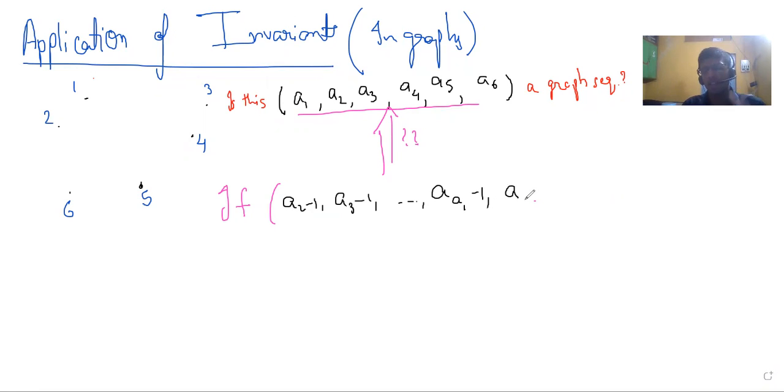And then this is A1 plus 1, and so on to A6, or just maybe you can write AN. So if I told you that this bottom one is a graphic sequence, then the top one is also a graphic sequence, right?